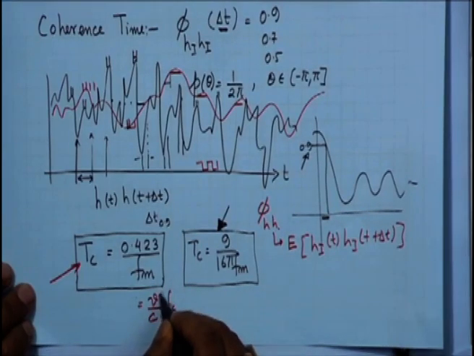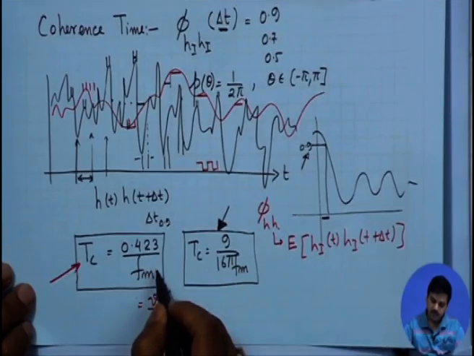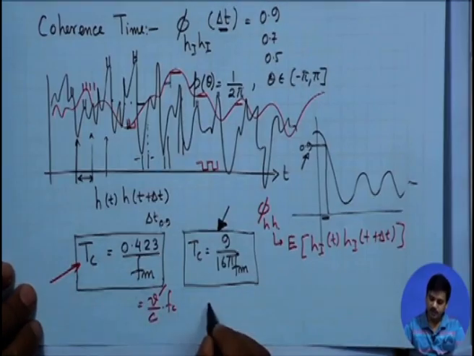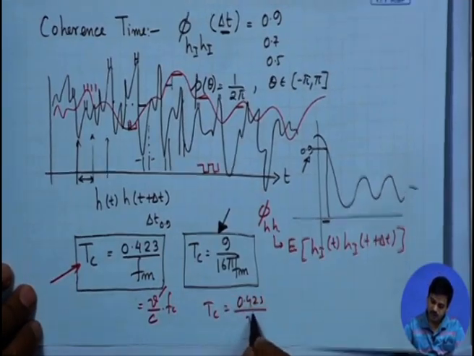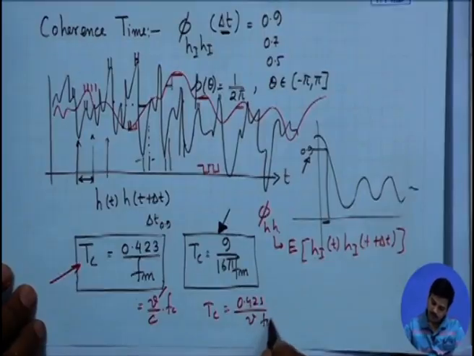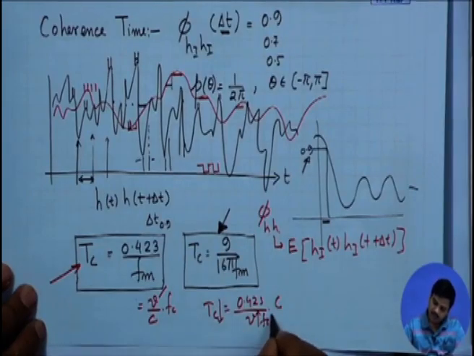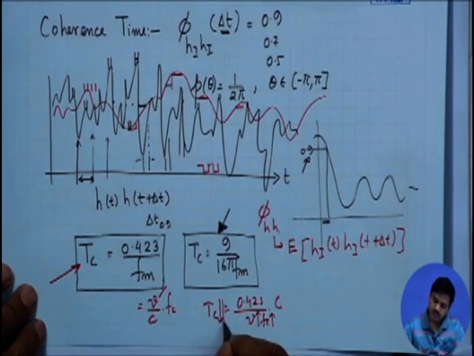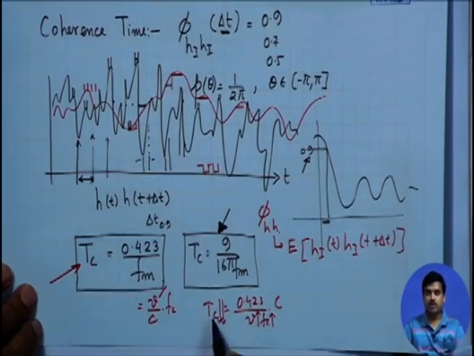That means, as I increase V, FM increases, as FM increases, TC decreases, right, because clearly TC is equal to 0.423 by V times FC times C. That means, as I increase velocity, coherence time decreases, as I increase carrier frequency, coherence time decreases, right. So, as we increase mobility, coherence time would decrease.